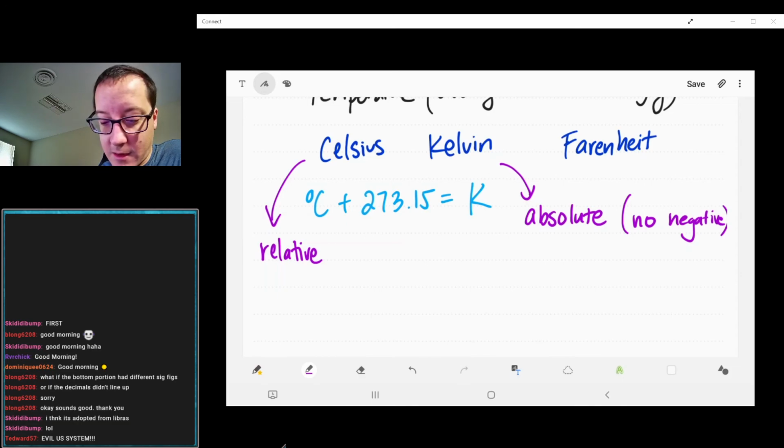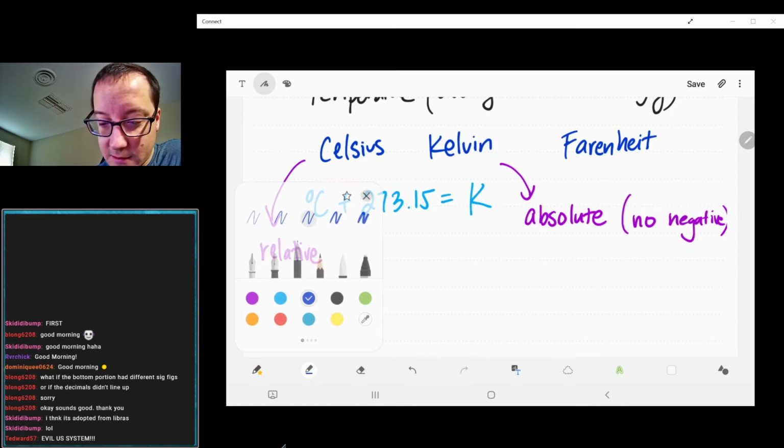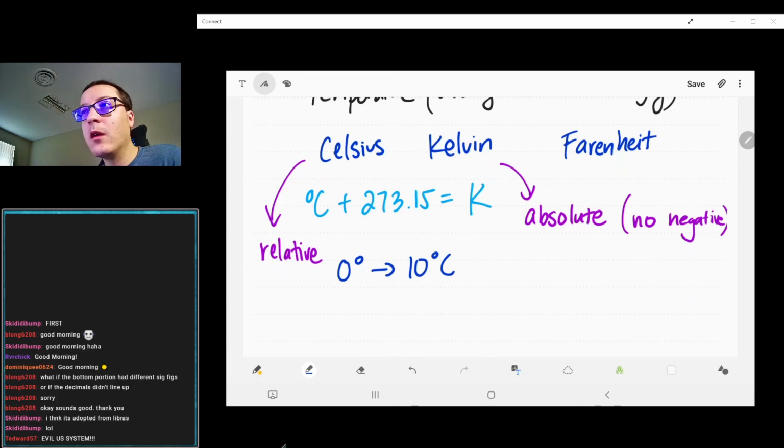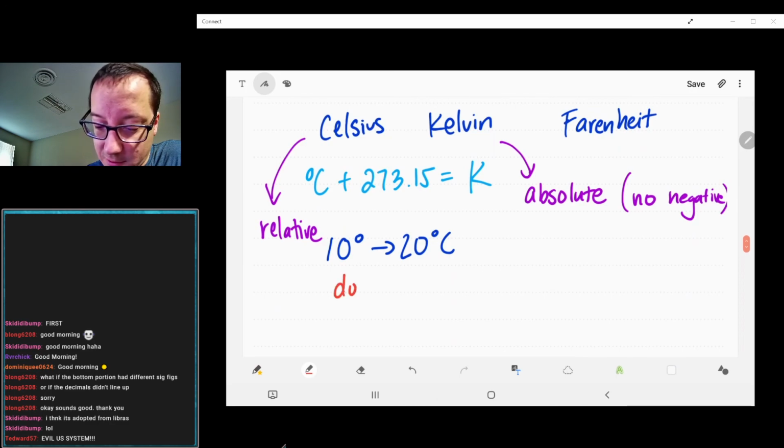But what's important to note there is that if you have, say, something going from 0 degrees Celsius to 10 degrees Celsius. Actually, let's change that. How about 10 to 20? Yeah, we'll do that. You cannot say that this is double the temperature.